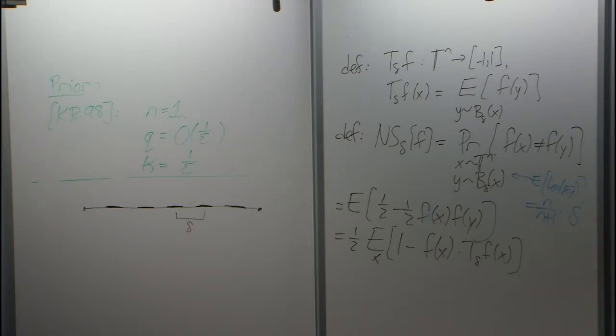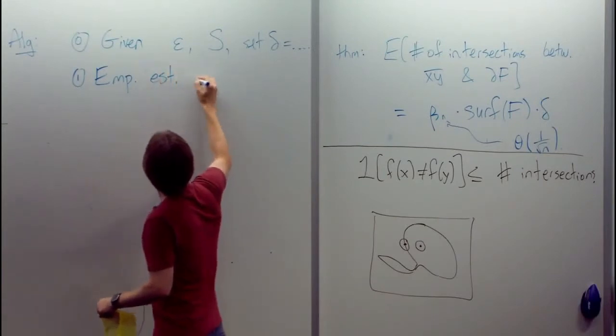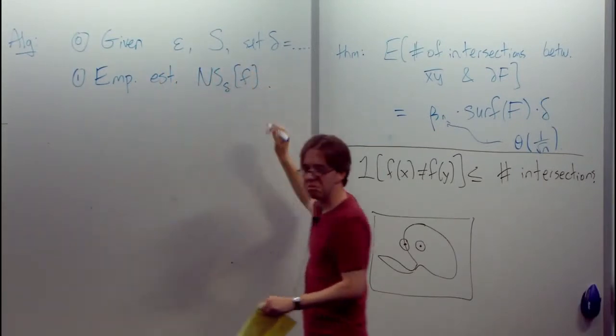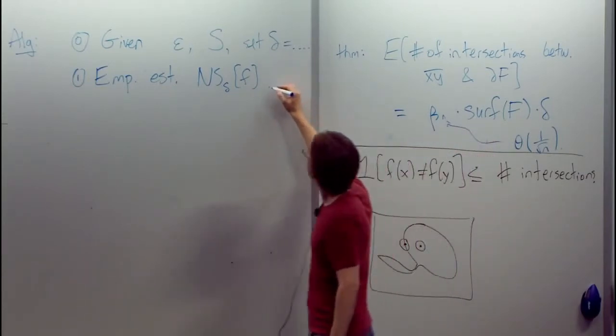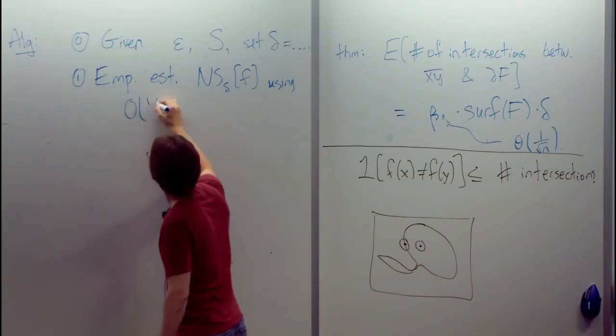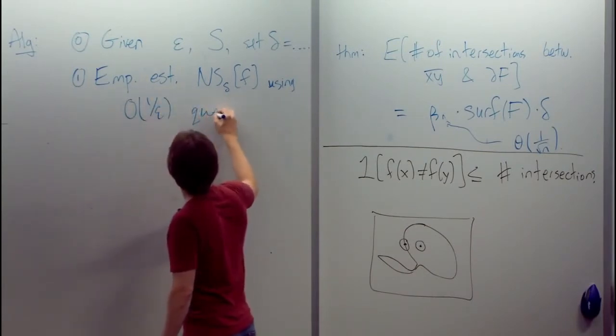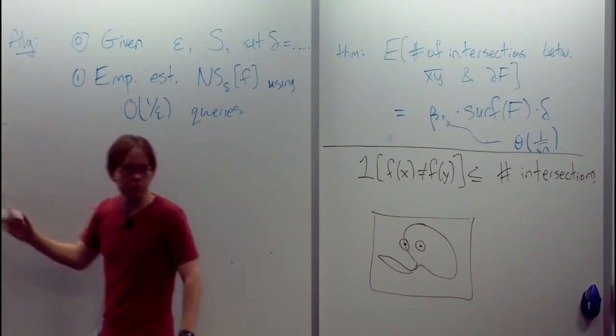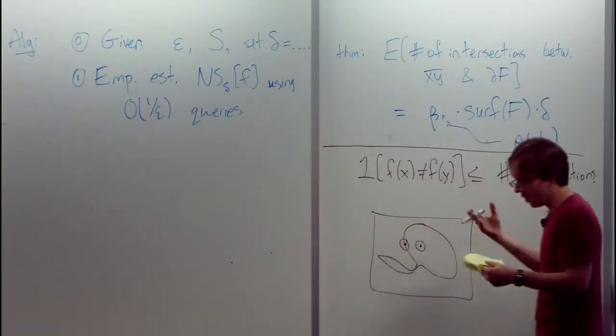And then in step 1, you just empirically estimate the noise sensitivity of little f at delta, using, it turns out that it'll be enough to use order 1 over epsilon many queries. So you just do this experiment a bunch of times, make 2 queries and estimate. And by Chernoff, you'll get a very good estimate.